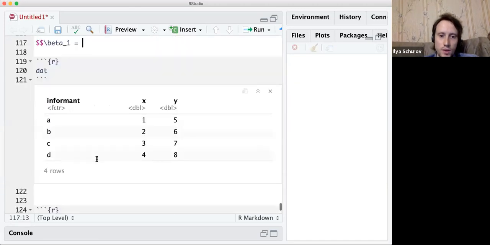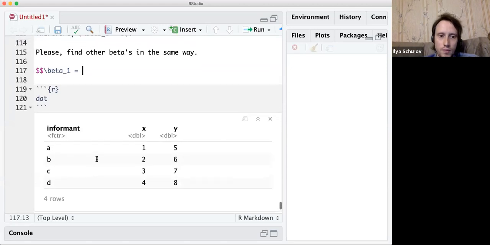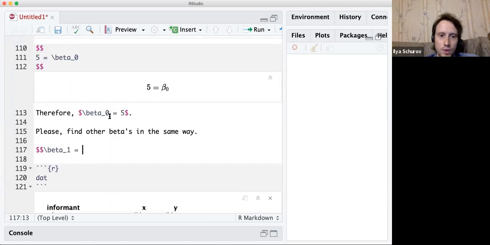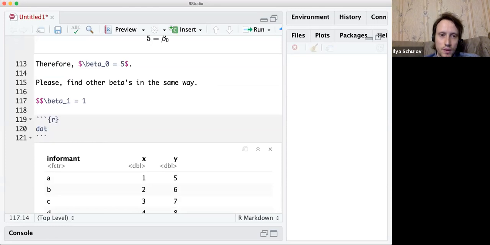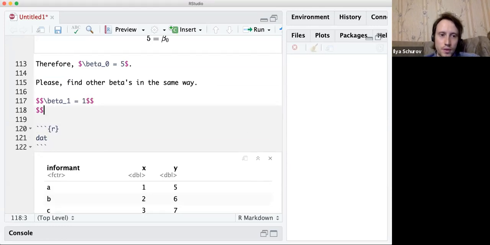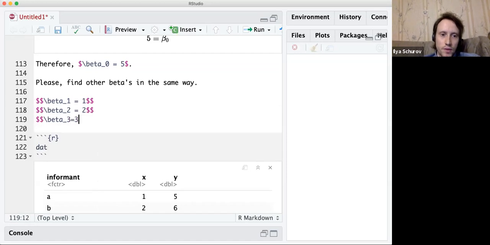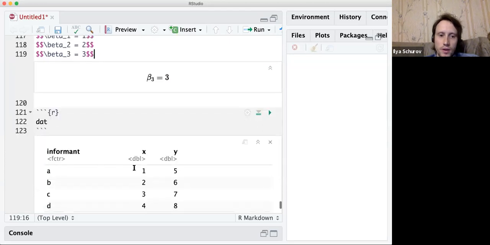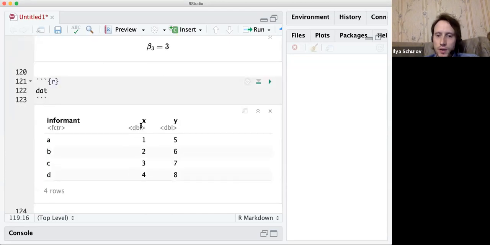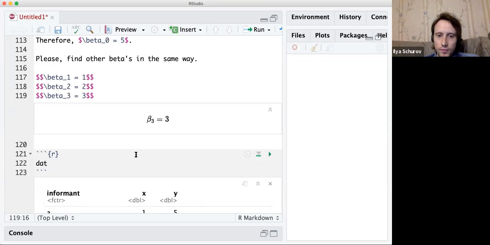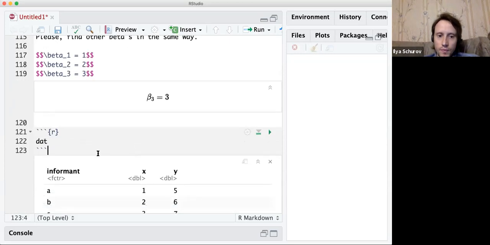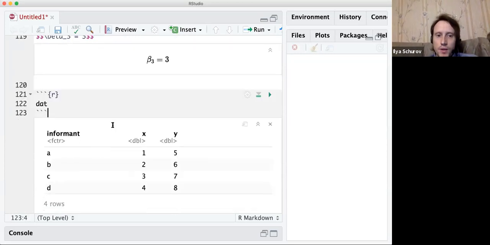So we see that we can put beta 0, beta naught 5, beta 1, 1, beta 2, 2, and beta 3, 3. And then our equation will be satisfied. So basically, what does it mean?